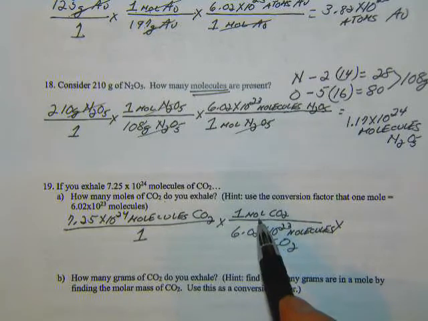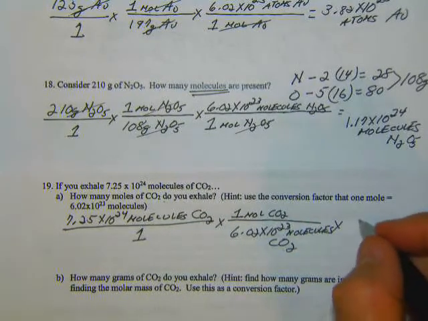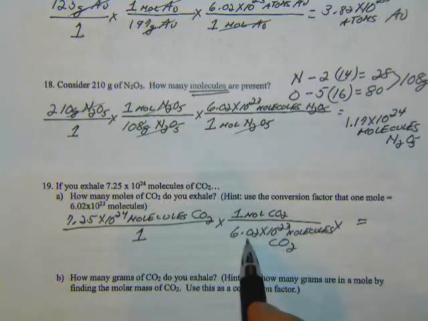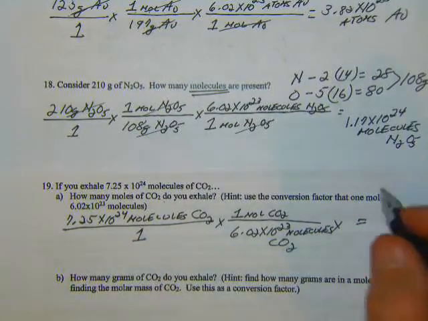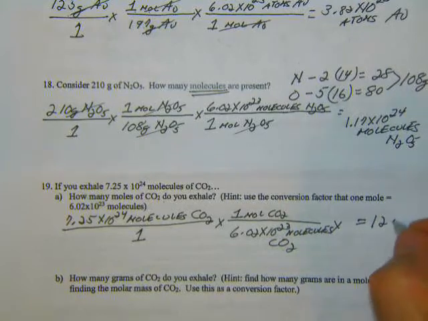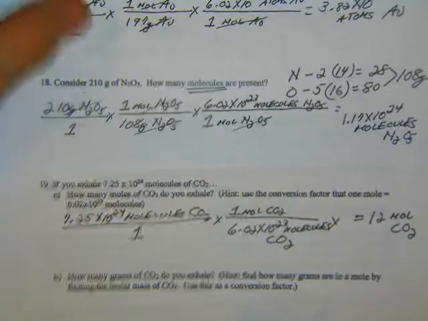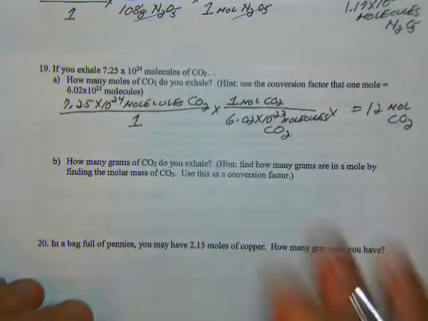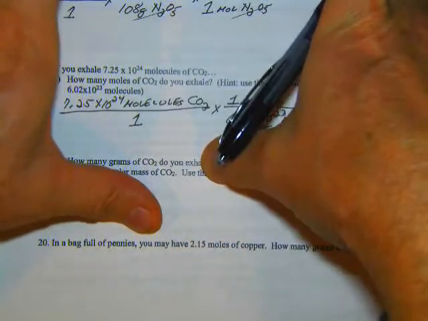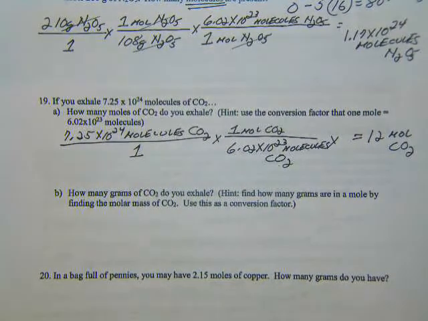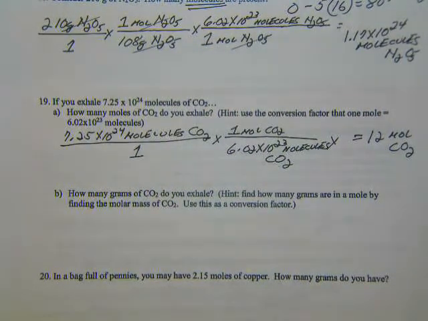We're left with moles of CO2. Multiply numerators, divide by denominators, and that comes out to be about 12 moles of CO2. Once you start seeing the flow of these problems, they're really not too difficult. Especially when you're starting out, make sure you write things out, because the factor label method leads you to the correct answer.